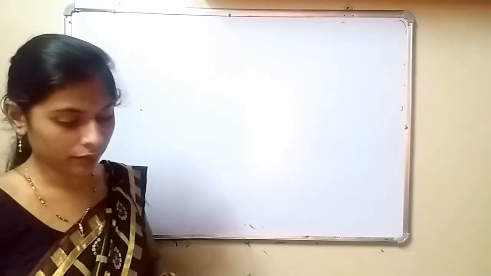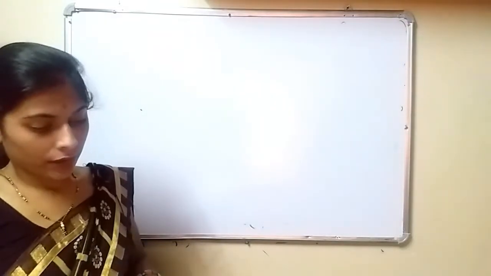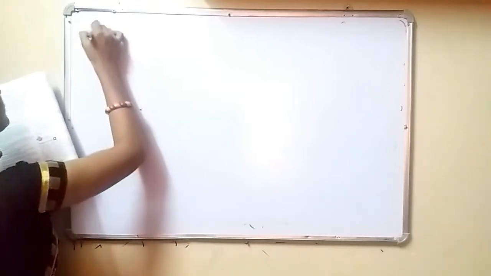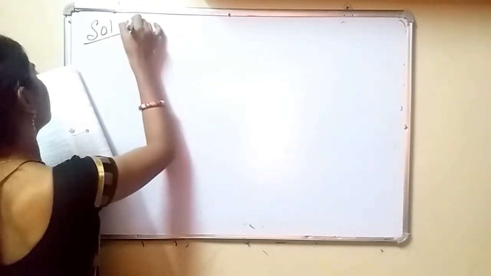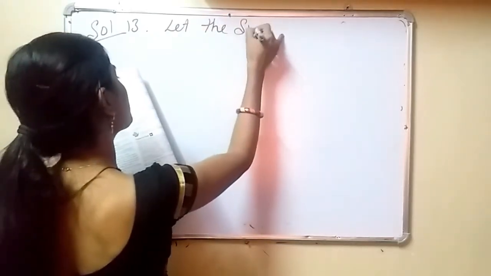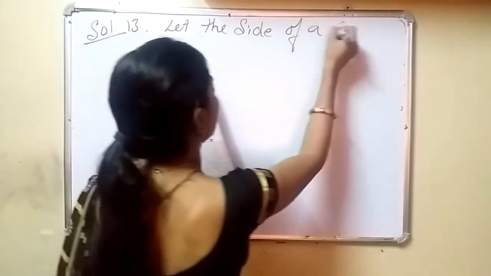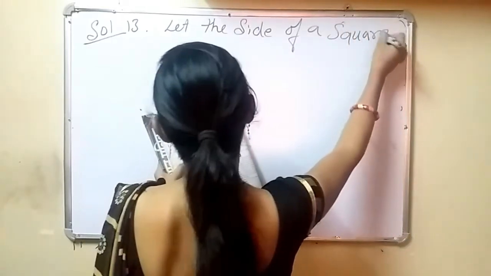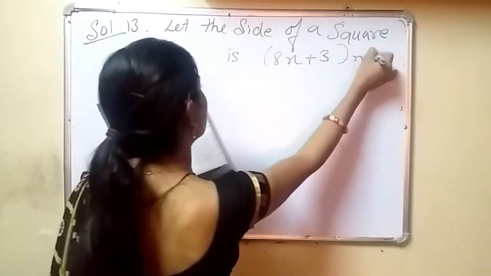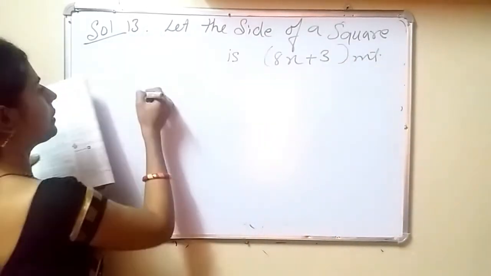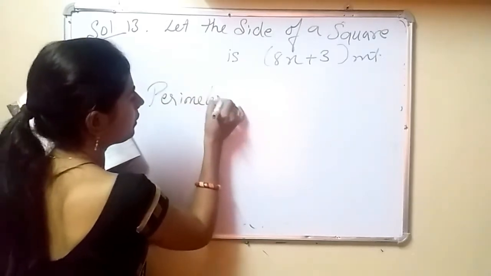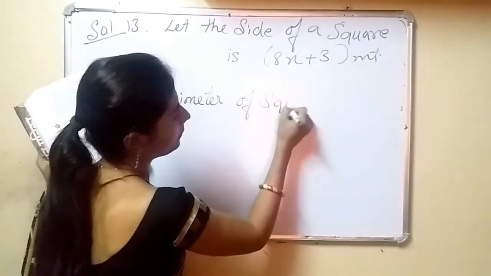Now see question number 13. The side of a square is, let the side of a square be 8x plus 3 meters. Find its perimeter. So perimeter of a square, what is its formula?